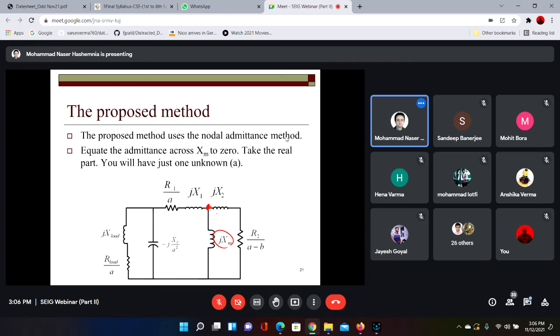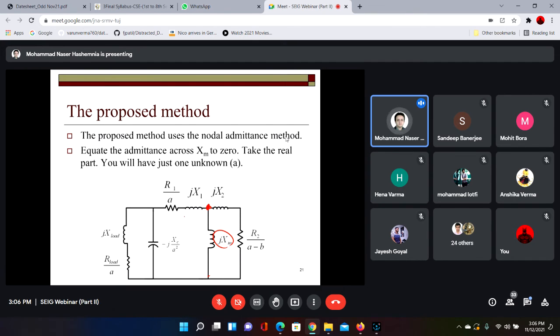So you will have a real part of admittance. What is the name of the real part of admittance from the electrical circuits? It is known as what? Conductance, sir. Yes, the conductance.